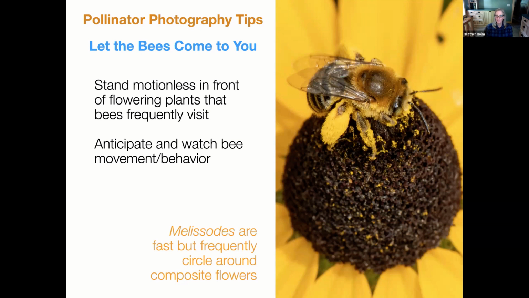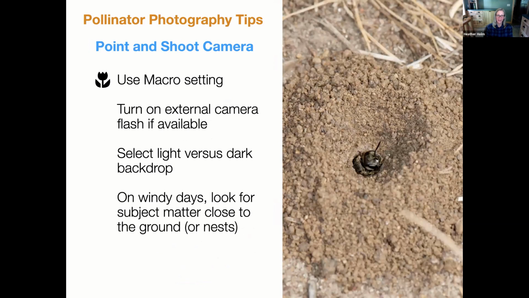And the females tend to be really fast, but what they do is they often circle around a plant such as a coneflower or black-eyed Susan, collecting the pollen. So if you know to anticipate that movement, stand in one place, get ready to focus as she circles around, then you can get the photo that you were hoping to get.